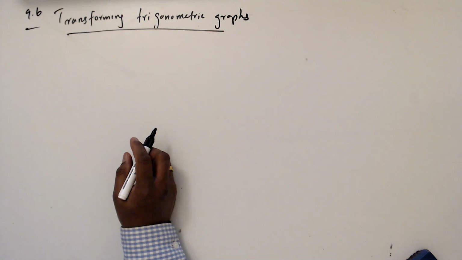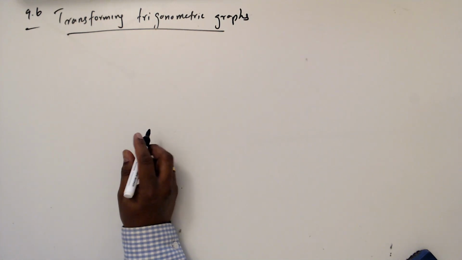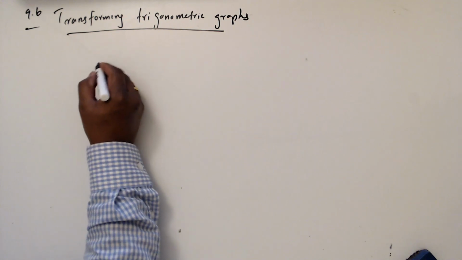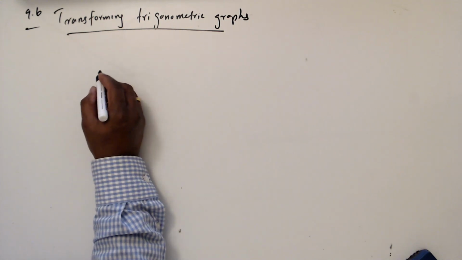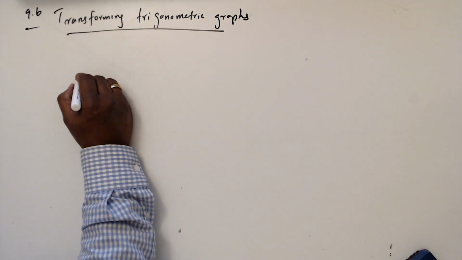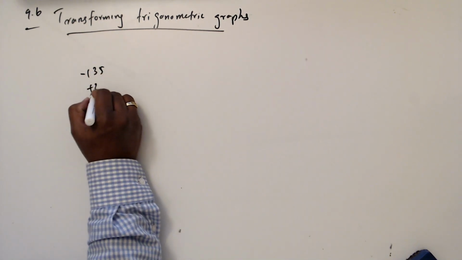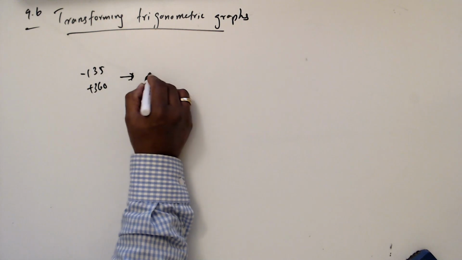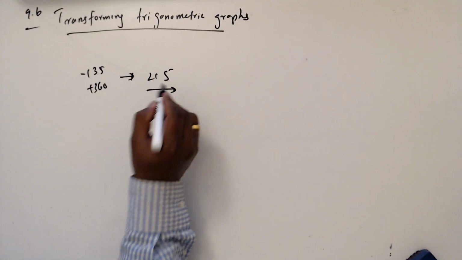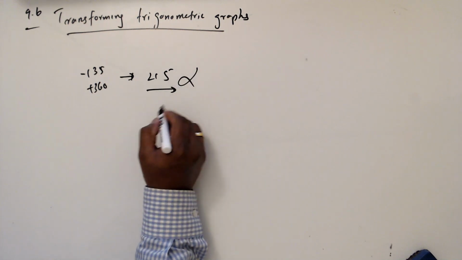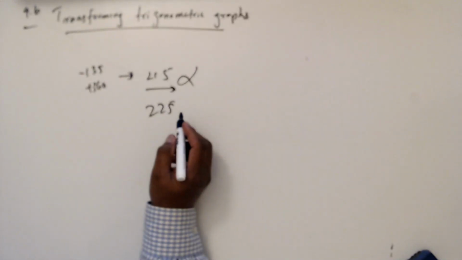Before I discuss, I just want to do a small correction. In a previous slide, in the last around 1 minute, I did minus 135. When I add 360, I answered 215, but this answer has to be not 215, 225.